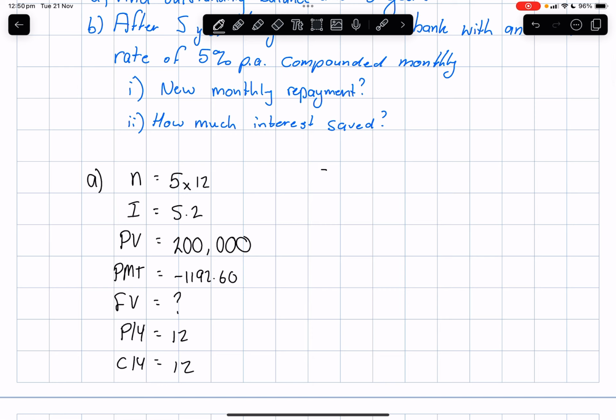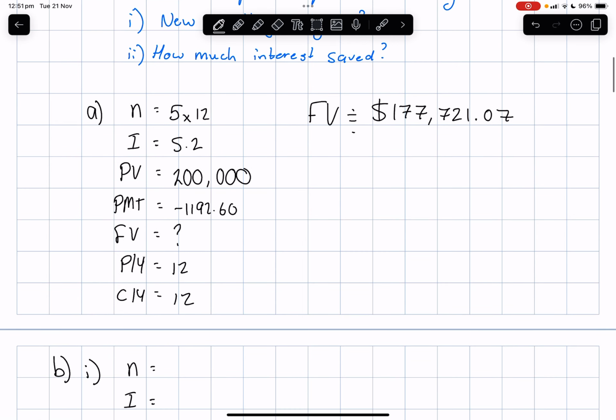If I calculate my future value, my outstanding debt after 5 years is approximately $177,721.07. So after 5 years, that's how much money I have left on my loan.